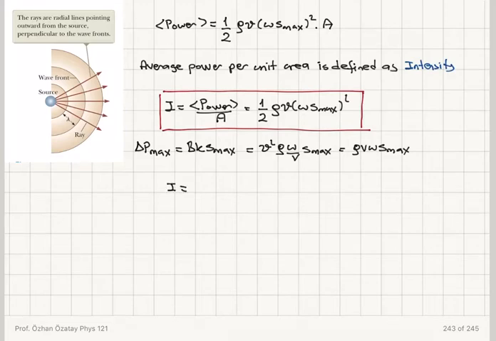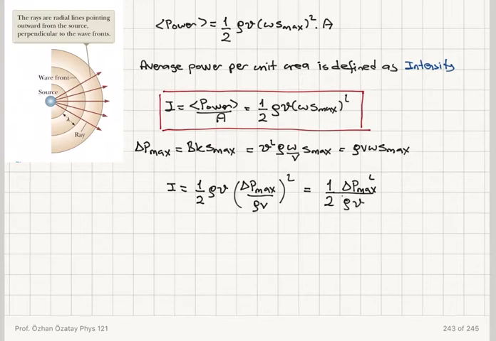Therefore, the intensity becomes 1/2 rho v, and instead of omega s max, I write delta P max divided by rho v squared. So my answer will be 1/2 delta P max squared over rho v. So this is the intensity written in terms of delta P max.